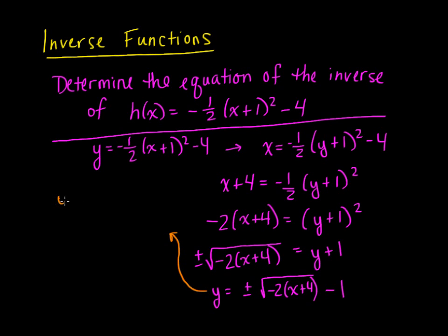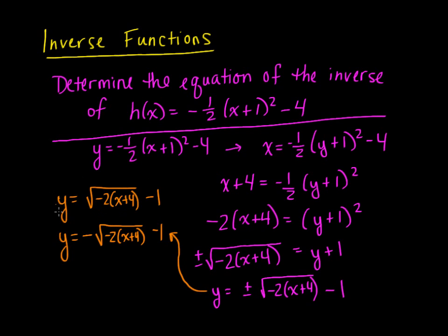We'd be looking at the graph of y equals the square root of -2 times (x plus 4) minus 1, together with the graph of y equals negative the square root of -2 times (x plus 4) minus 1. So you see here, this is the positive part, and this is the negative. The second part is the negative part of the square root here.